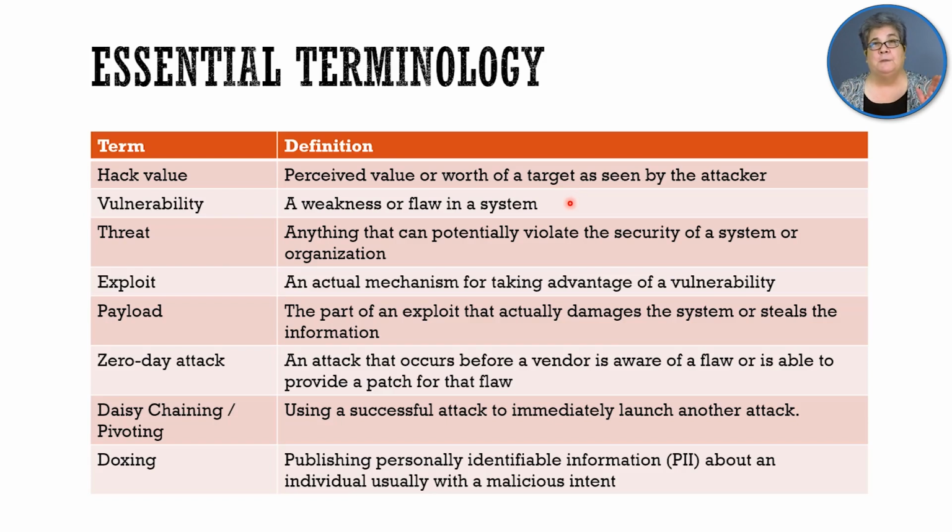You'll have lots of vulnerabilities for which there is no exploit. Threat. This is anything or anybody that could potentially violate the security of your system, your organization, your data. Exploit. This is an actual way, an actual mechanism to take advantage of a vulnerability.